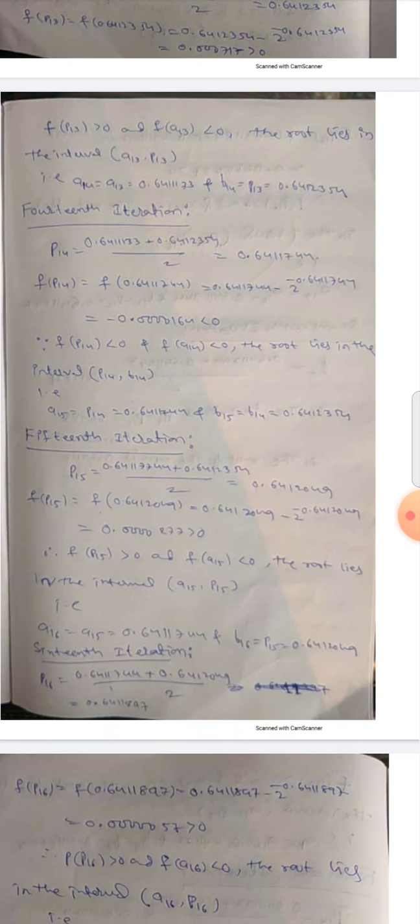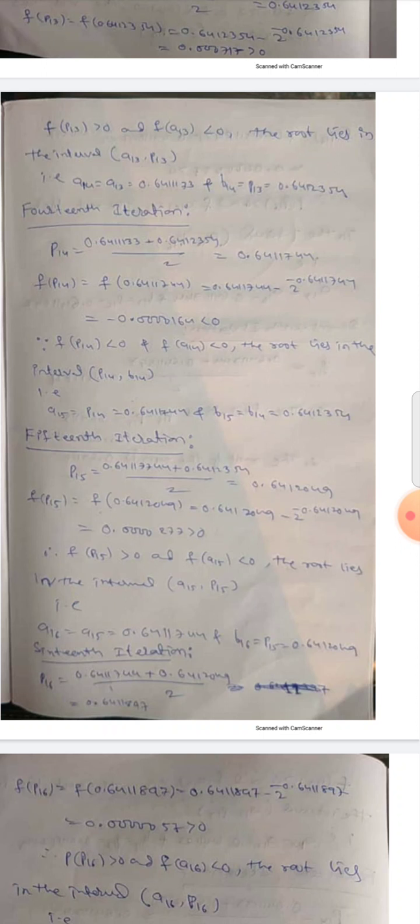15th iteration. P15 is equal to 0.64117744 plus 0.641235 by 2 is equal to 0.641249. Next, f of P15 is equal to 0.40277. This is greater than 0.